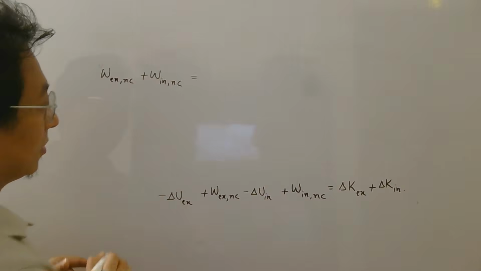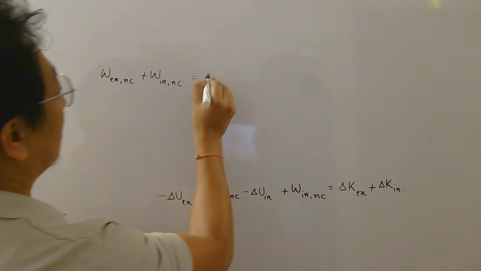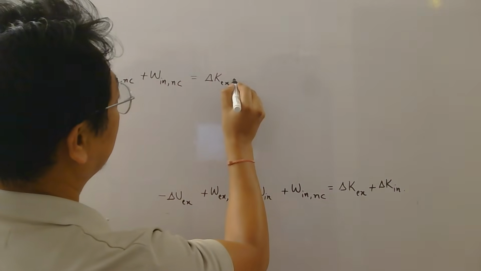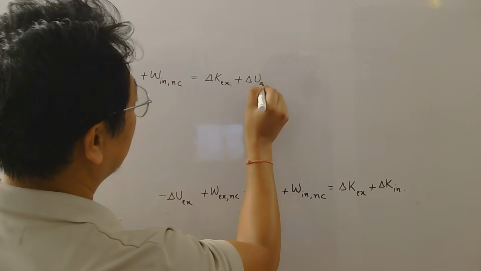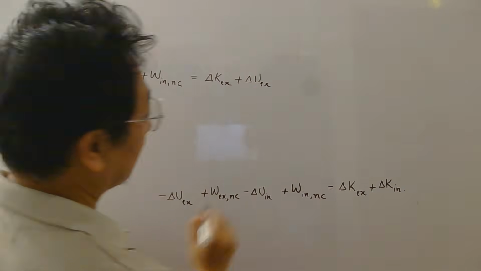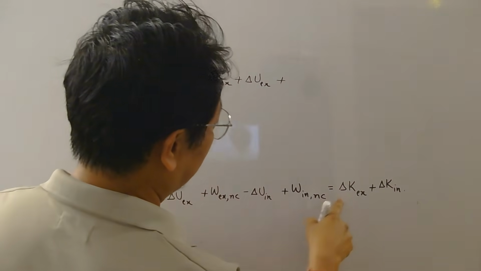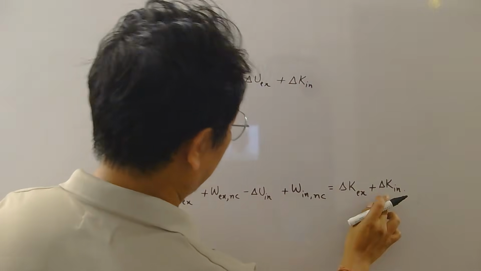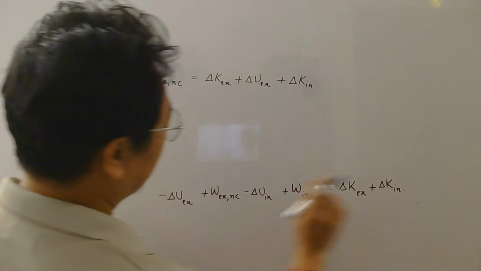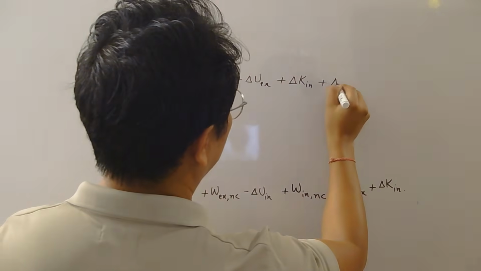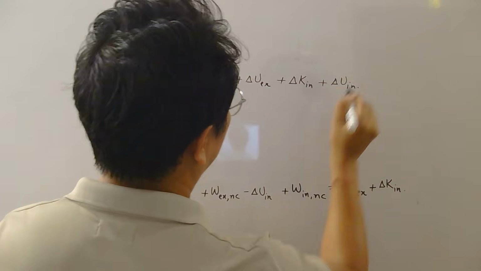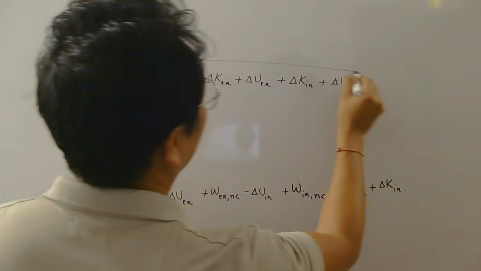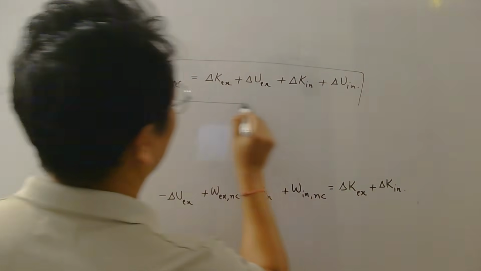That would be equal to change in kinetic energy external, take this one that side, plus change in potential energy external, plus change in kinetic energy internal, this term, and then take this minus delta U that side, plus change in potential energy internal. So this is where we have reached, okay, work energy theorem.